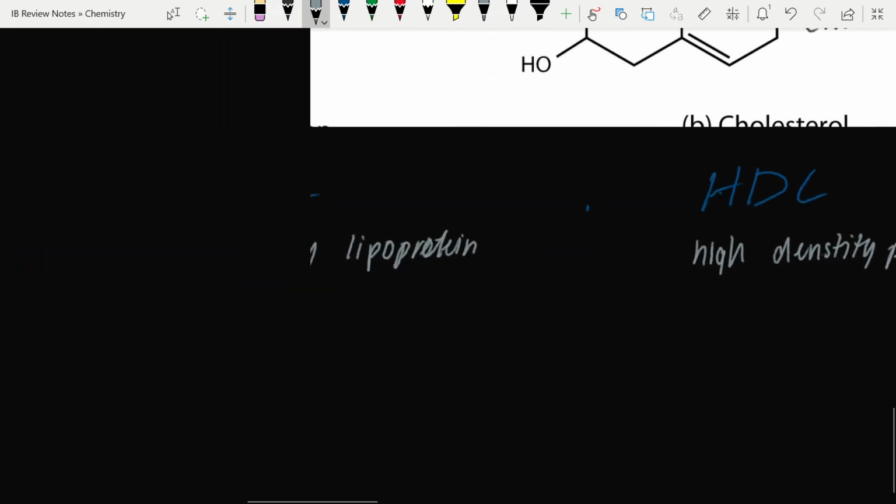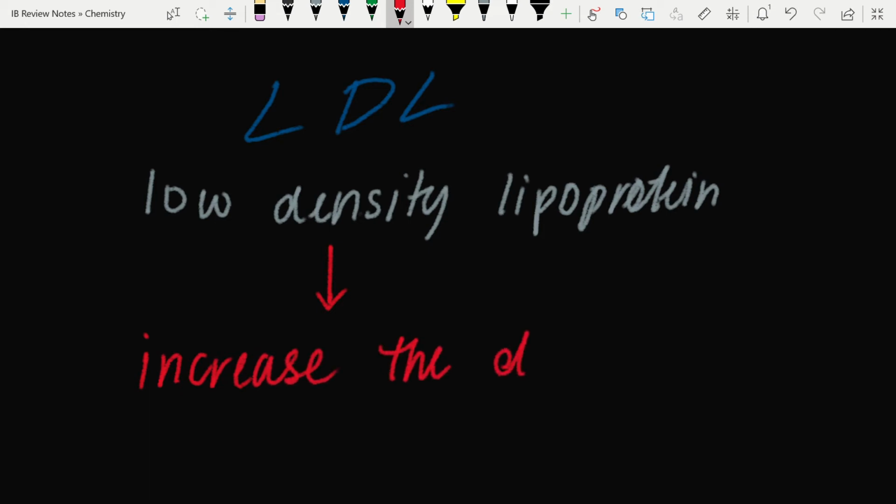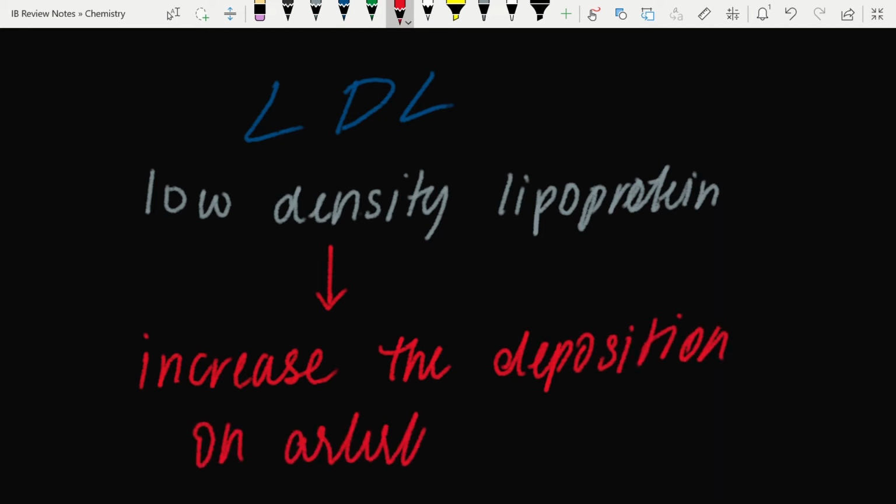So you want your LDL to be really low, because LDL will increase the deposition on arteries, especially the ones around your heart. If there's a lot of cholesterol forming in your arteries, it will clog them.